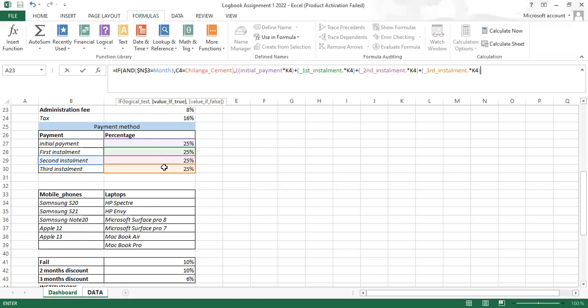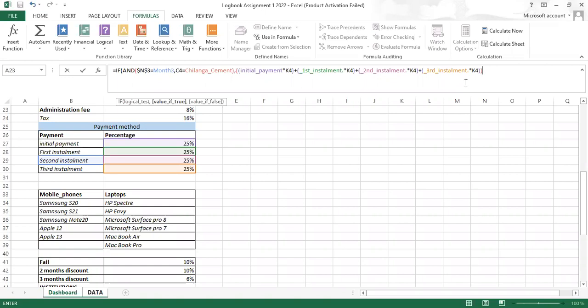Okay, close bracket. Are we done there? And you close the bracket again. Yes, we close the bracket, so with BODMAS the calculations are done.